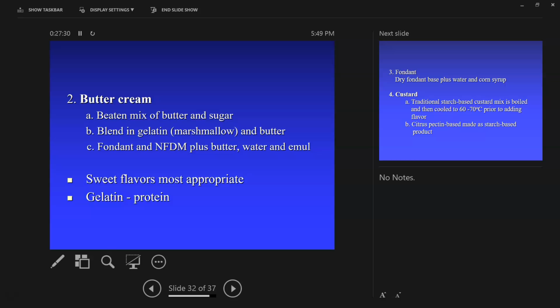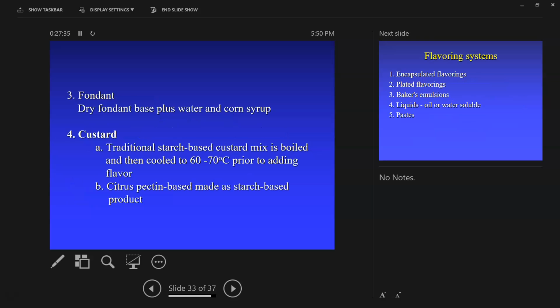So the reaction is slow, and you don't tend to have a flavor problem with buttercream or fondants. Custard: traditional starch-based custard mix is boiled, cooled to 60 to 70 degrees. Add a flavor, and then the custard can go inside of some kind of a shell, some kind of baked good.